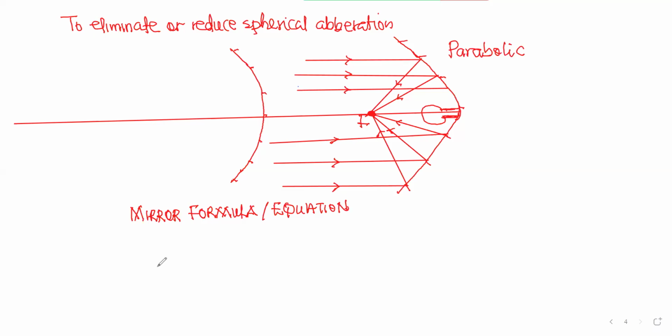The mirror formula or equation is actually given as 1 over F is equal to 1 over U plus 1 over V. We will prove it. We will derive this where F is equal to the focal length of the mirror.